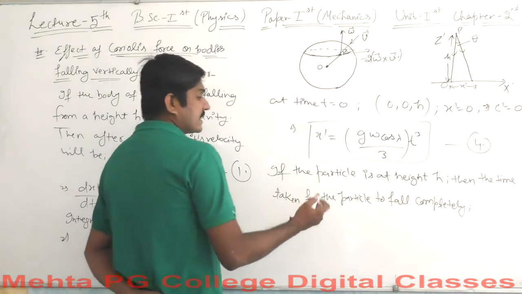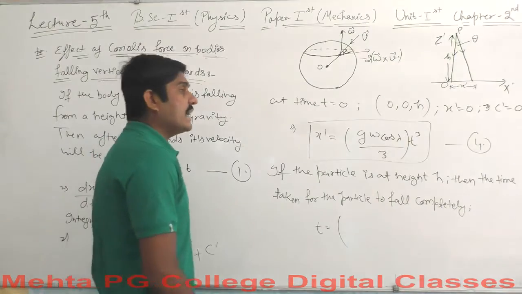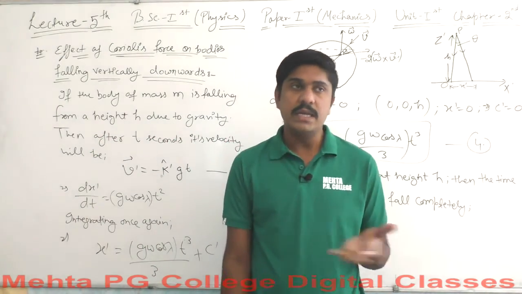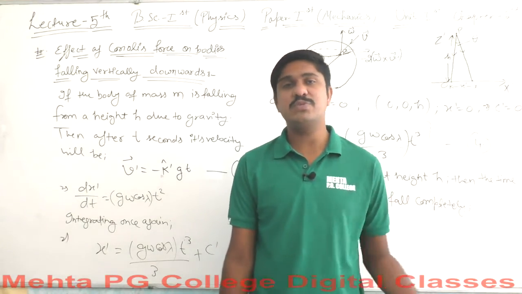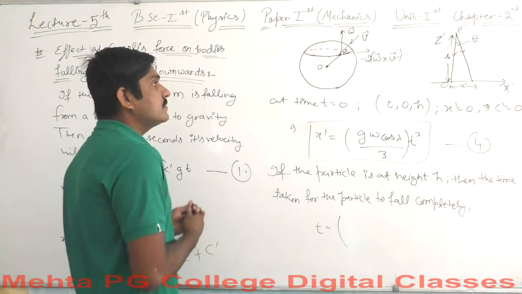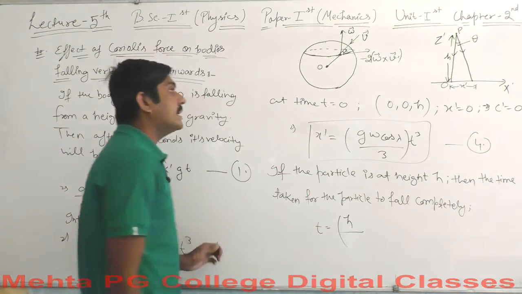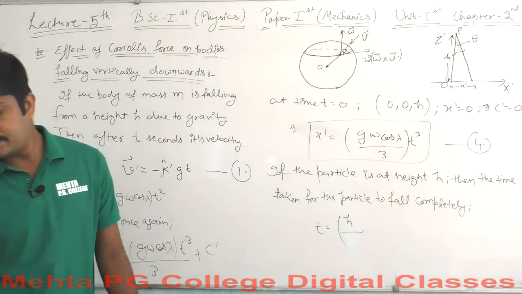Let's say the time is small t here. You remember the concept: velocity is equal to displacement upon time, so time is equal to displacement upon velocity. The displacement is h, which has been travelled in time t.